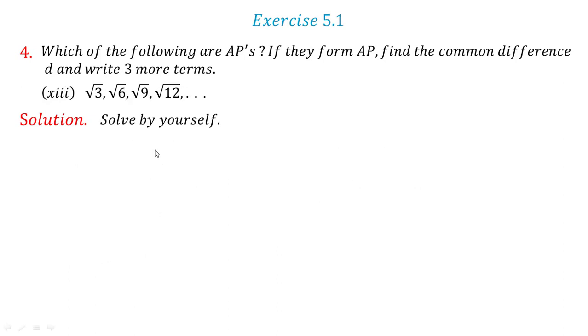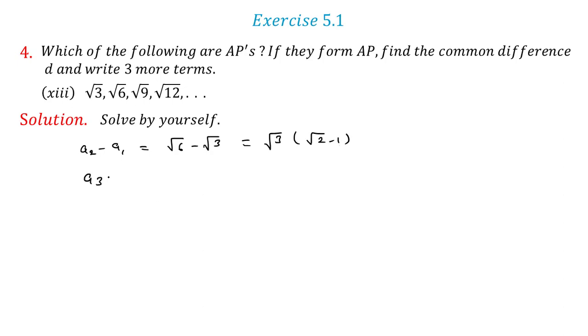Now here in this problem, root 3, root 6, root 9, root 12. Let us check. Here a2 minus a1 if we do, it is root 6 minus root 3. Now I cannot simplify it, or if I take root 3 common, then it will be root 2 minus 1.